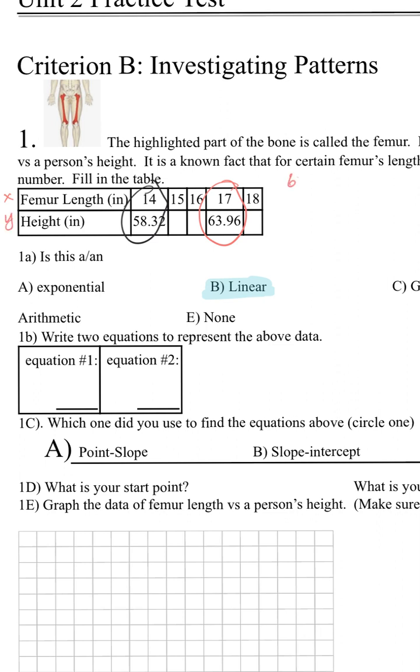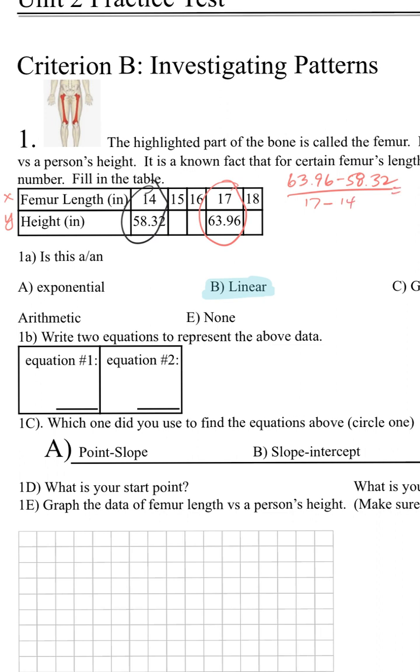So you're going to take 63.96 minus 58.32 over 17 minus 14.